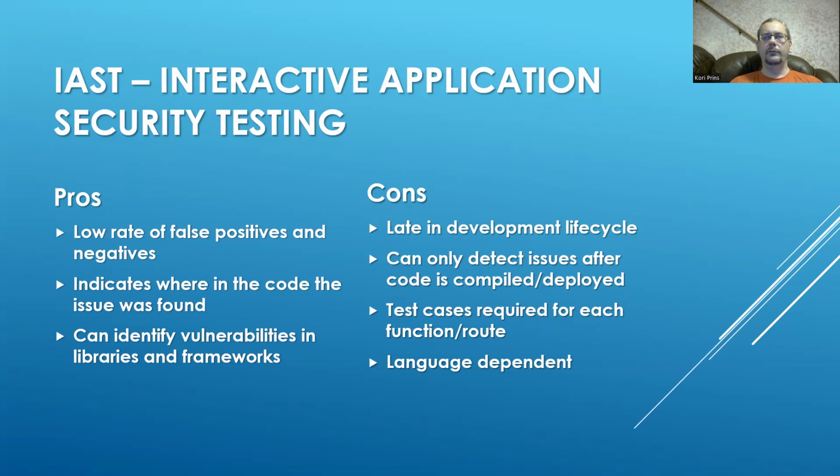Most of the major companies that deal with IAST tools, Black Duck, Contrast, tend to have multiple agents available for different languages. However, it makes testing a little more complicated because you do have to know what the language is and install the agent specific to that language.